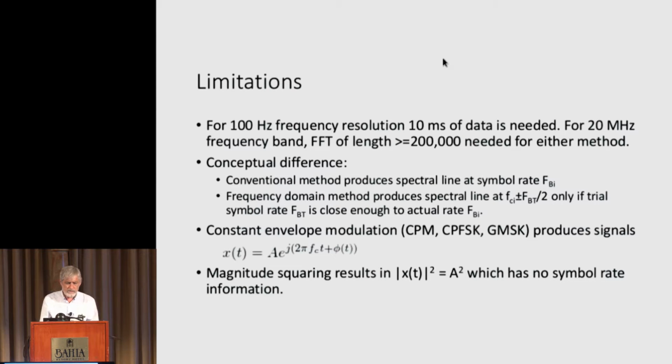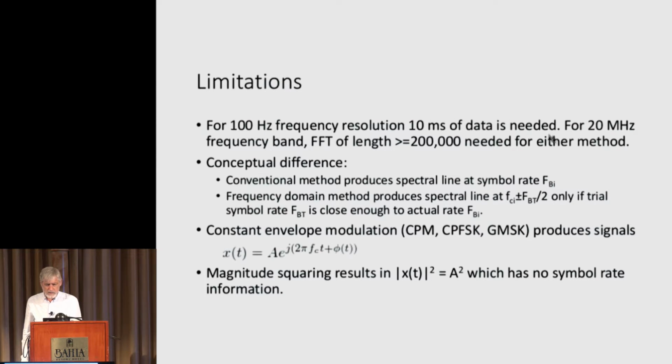Some limitations. Like I mentioned, if you have no idea what the baud rate is and you have to determine it to a reasonable degree of accuracy, you need to have a relatively high frequency resolution if you want to later figure out what the signal constellation is. So this is different in the case where you have unknown signals from the case where you assume you know the transmitter and you start close to what the baud rate is, and then you just have to synchronize to minor differences from it.